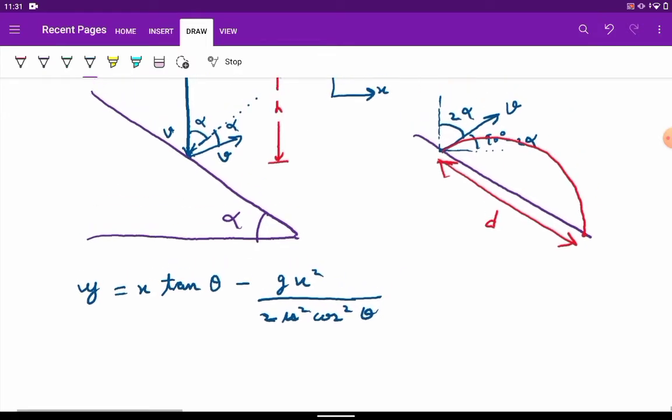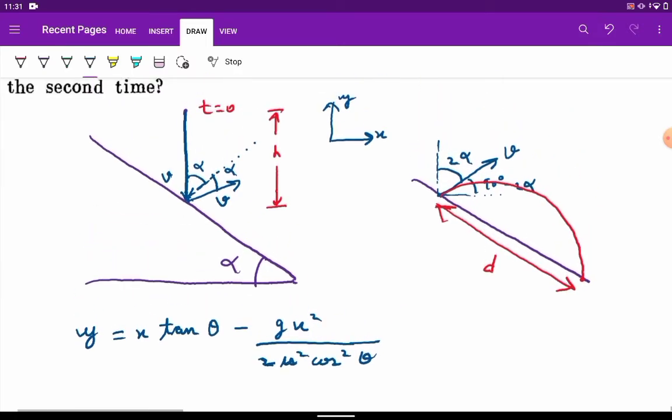Now, if you see, in our case, the initial position at t equal to 0 is the coordinate 0 comma 0, of course. And after hitting the inclined plane for the second time, what do you think would be the coordinates? It is very simple.